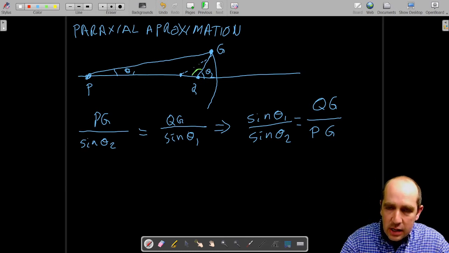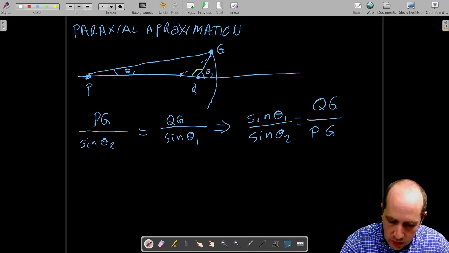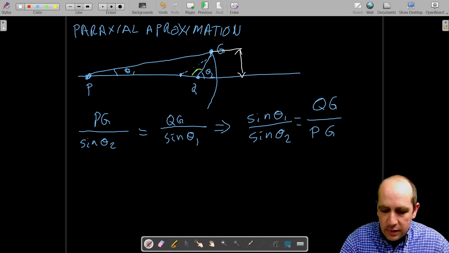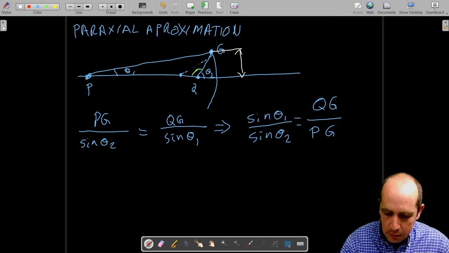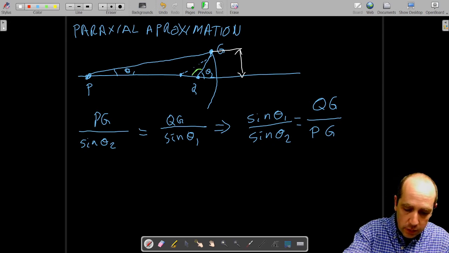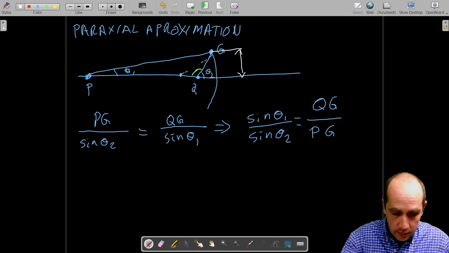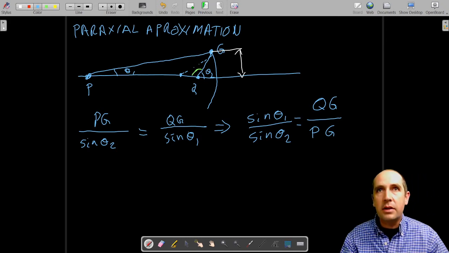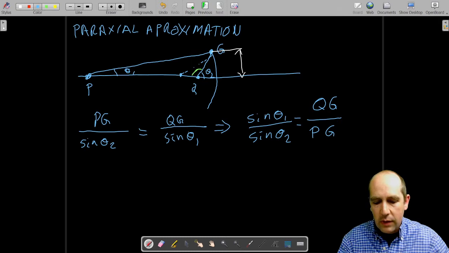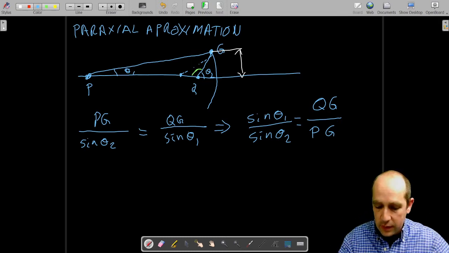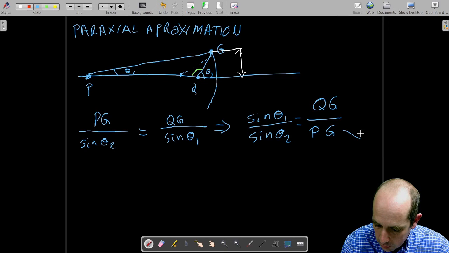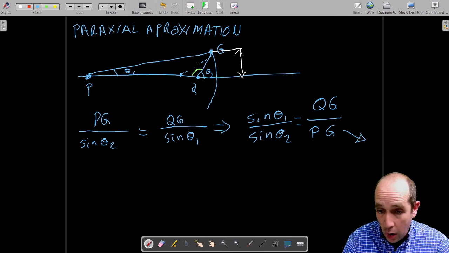This means that G, this distance over here, cannot be very high. And if it's not very high, what it implies in terms of PG and PQ is that PG, for example, is going to be basically S1. So if we take the limit when the height of G is very low, this one can be approximated by the object distance.